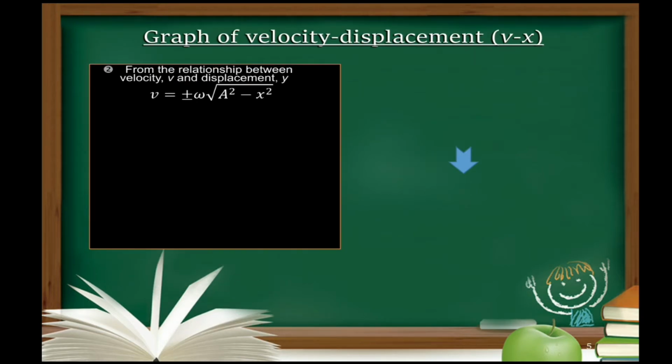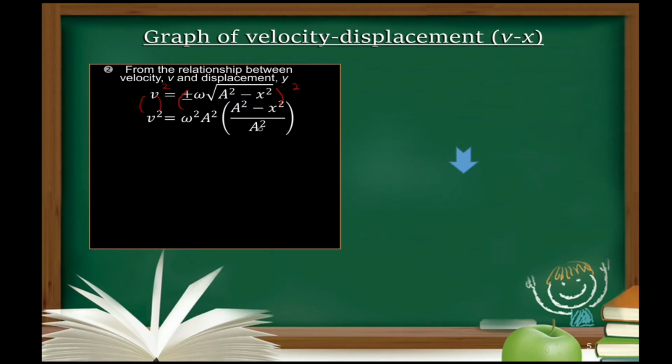So this is the equation: v equals plus or minus omega times the square root of A squared minus x squared. But this is going to be a problem if I want to plot a graph with this square root part. So what I'm going to do is square both sides, and then you end up with this equation.